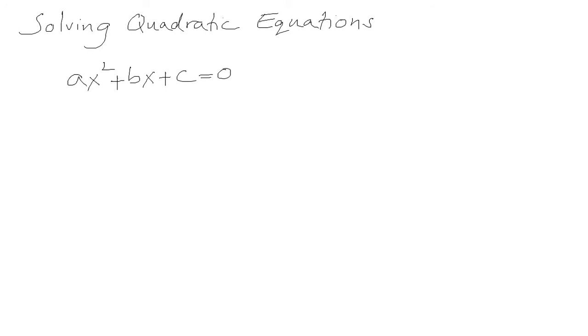With a quadratic equation like this, we call this quantity b squared minus 4ac delta, or the discriminant.